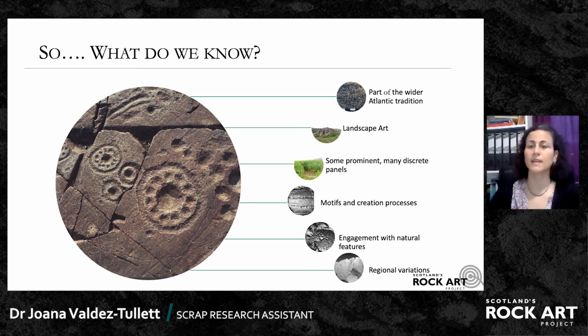There is an engagement with natural features, and this is a really important characteristic of Atlantic rock art in general, because we also see this across other regions of Europe, as well as the different regions in Scotland, including the islands, where the variability and the frequency of the motifs is reduced when compared to mainland Scotland. And there are lots of other patterns emerging from the study that we are currently looking into in more detail.